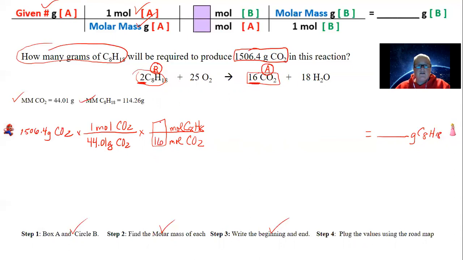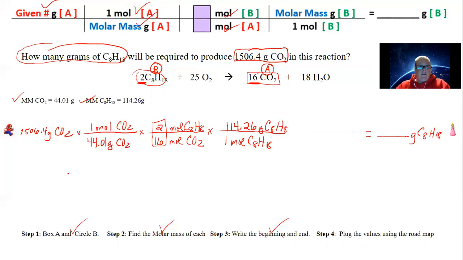So 16 CO2s and 2 C8H18s. All right, got that taken care of. Times 1 mole on the bottom, 1 mole of B, C8H18. And the molar mass is 114.26 grams of C8H18.